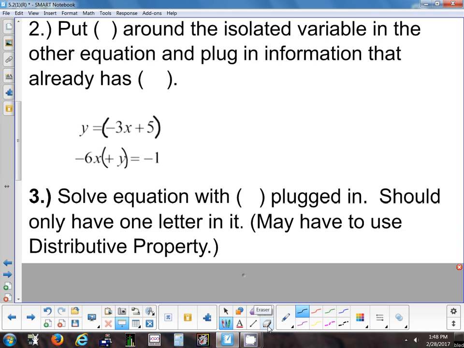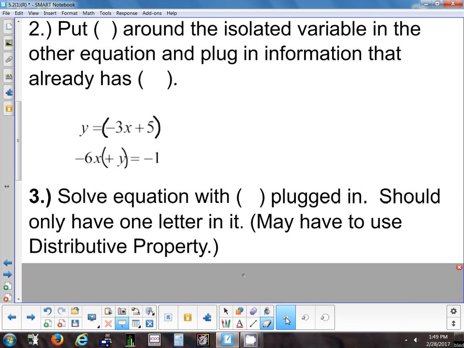It should be x's or y's. You shouldn't have an x and a y. You won't be able to solve it that way. It has to be the same. You might have just some whole numbers, but the variables that you have for the whole equation either have to be x's or y's. You can't have both. That means you set it up wrong.